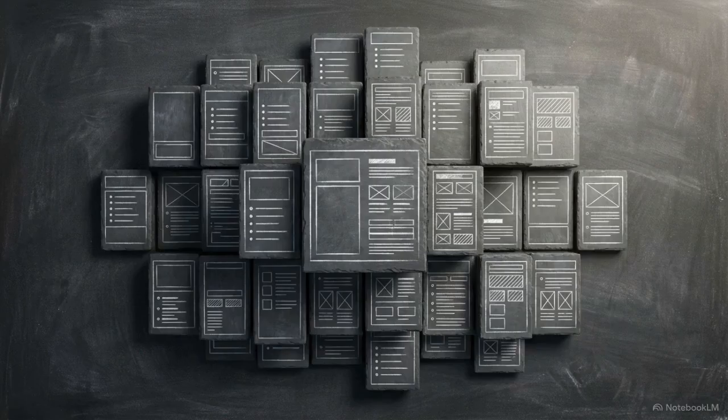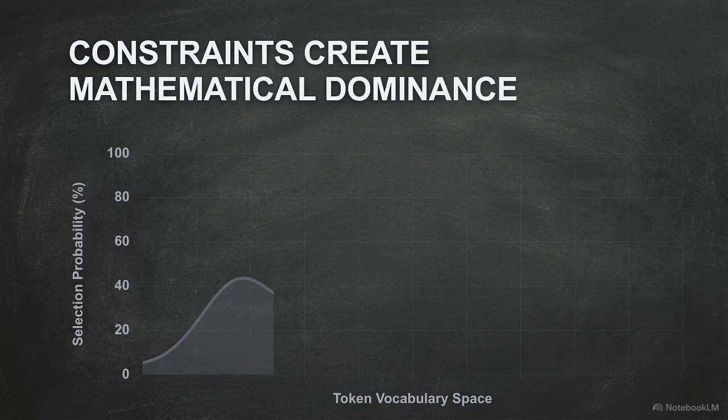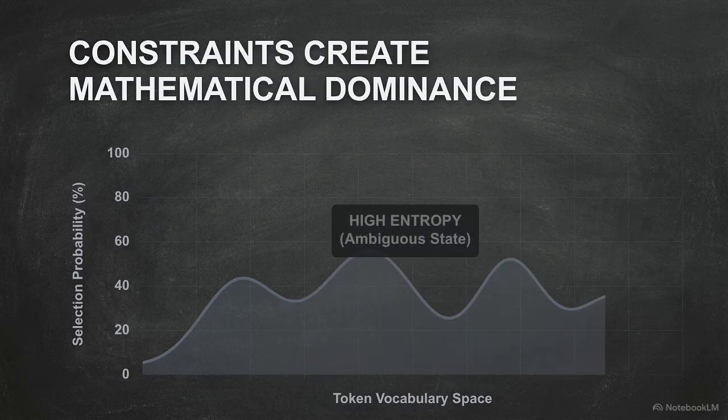Real entropy reduction requires altering the underlying system state, the context window itself, rather than manipulating the sampling algorithm after the fact. Let's look at the static multi-peaked probability distribution from earlier. This animated diagram shows a state of high ambiguity, where many potential tokens are competing for selection.